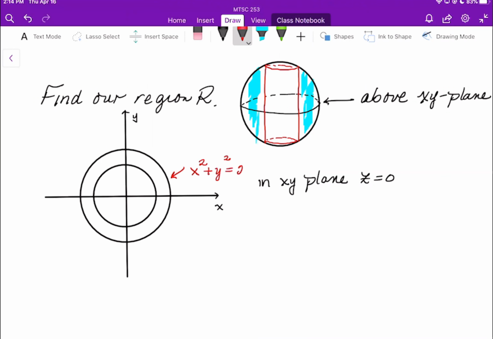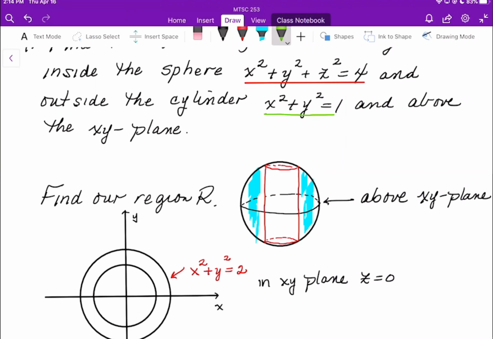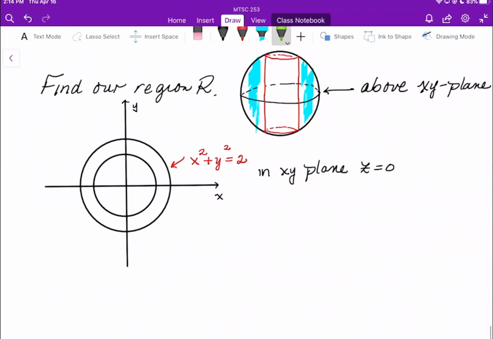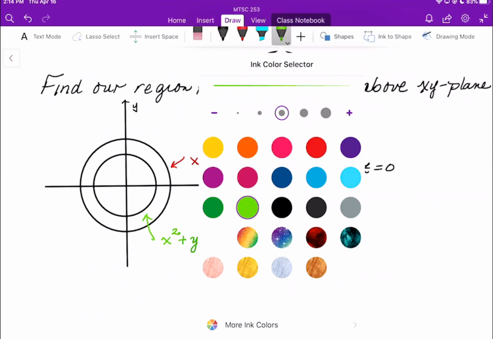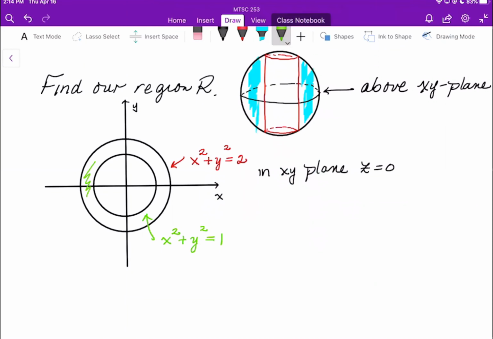And we already know the cylinder in the xy plane comes down here as x squared plus y squared is 1. So our region is this stuff in between.